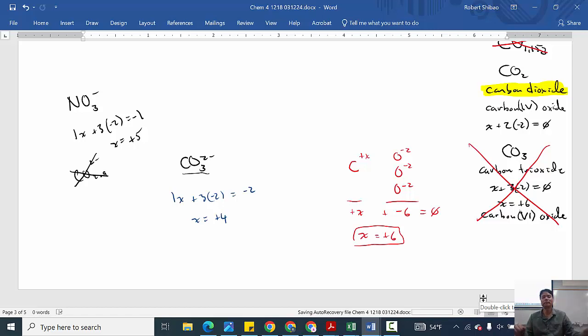So the ates usually come from nature. The ites, if you're in an oxidizing environment, eventually the ites are going to be converted into ates.